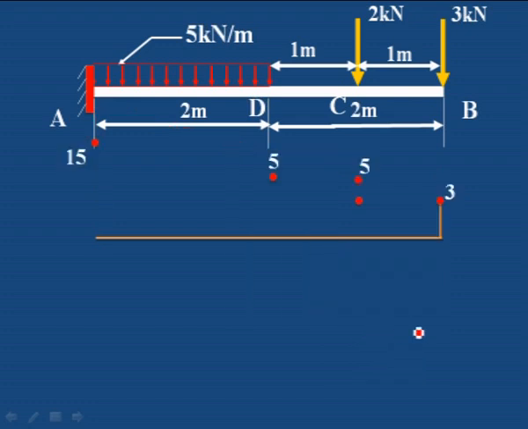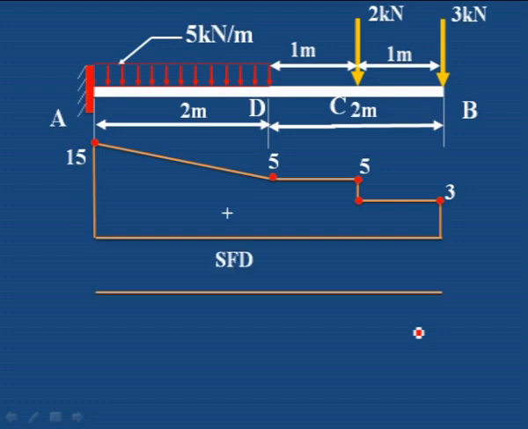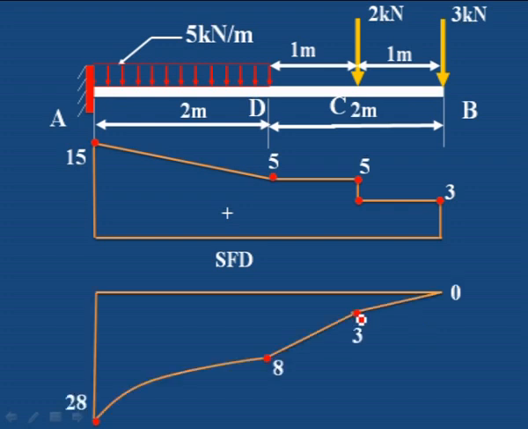Okay, you can see this is the inclined line, and this is the diagram. And then for the bending moment diagram, it is an inclined line, then an inclined line, and then this portion is parabolic.